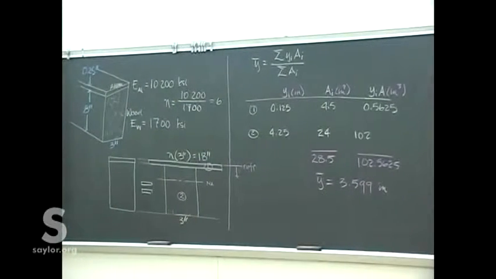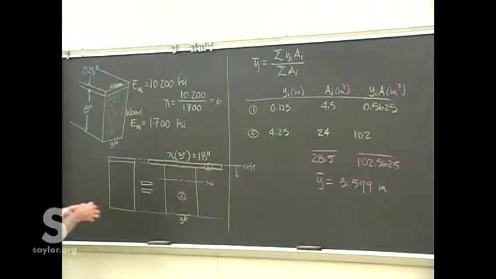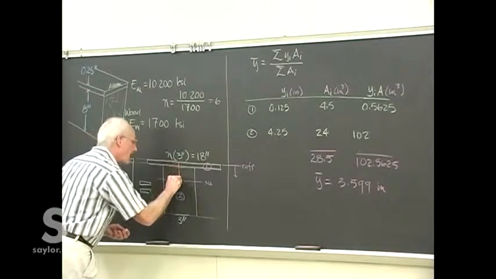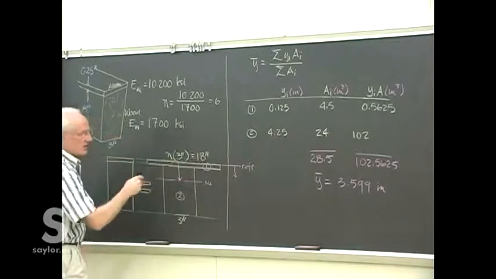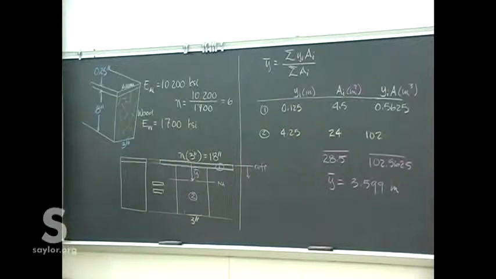Phil, you'll love these problems. Carry through some of the significant figures until the end. So that's Y bar. We know to be just under 3.6 inches from our arbitrary reference line.